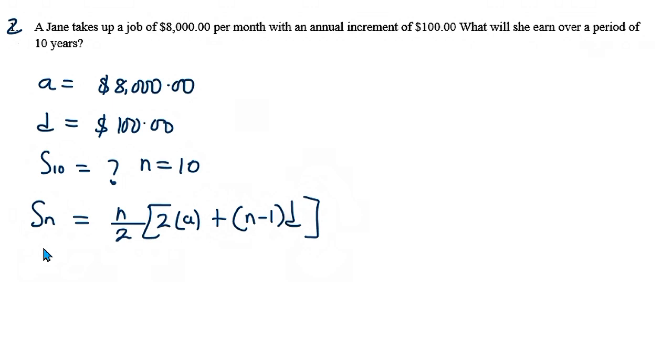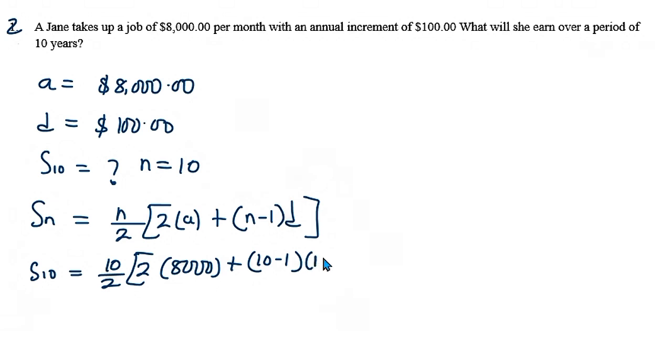Let's go ahead and substitute the information given into this expression. So S10 equals 10 divided by 2 times 2 times 8,000 plus n minus 1, which is 10 minus 1, times the common difference, which is 100.